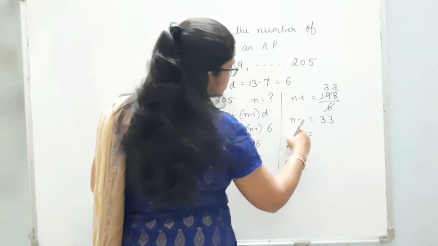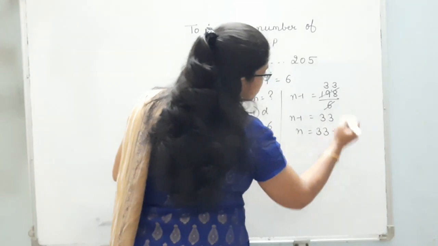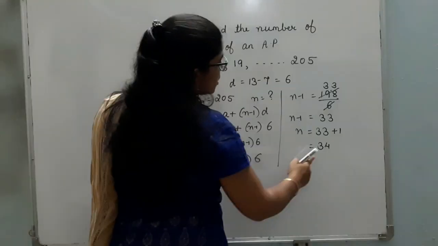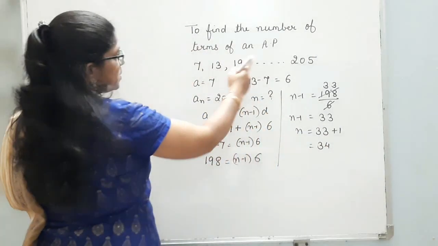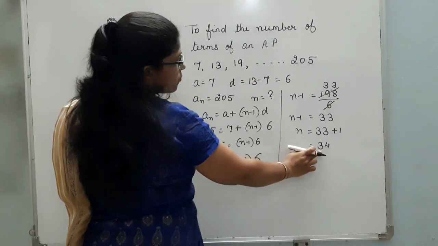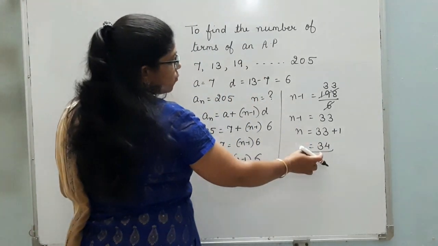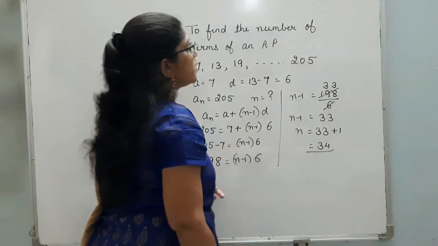So N is equal to this minus 1 is shifted on the other side and it becomes plus 1. So here N is equal to 34. So in this given AP, that is from 7 to 205, the total number of terms are 34 here in this AP. This means 34th term of AP is 205.